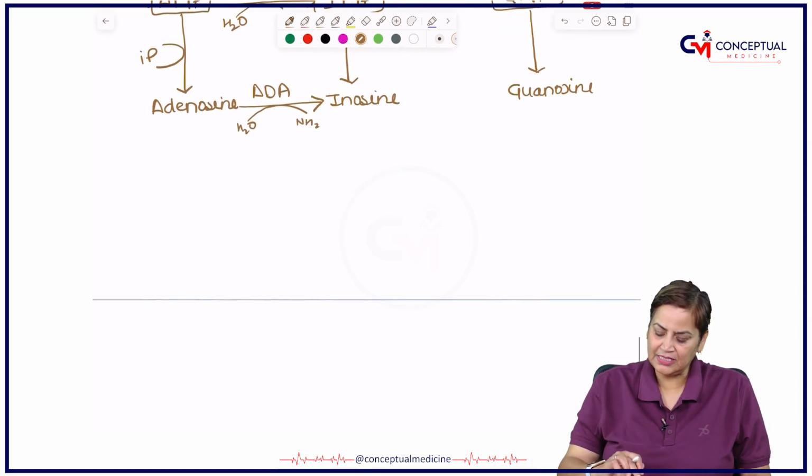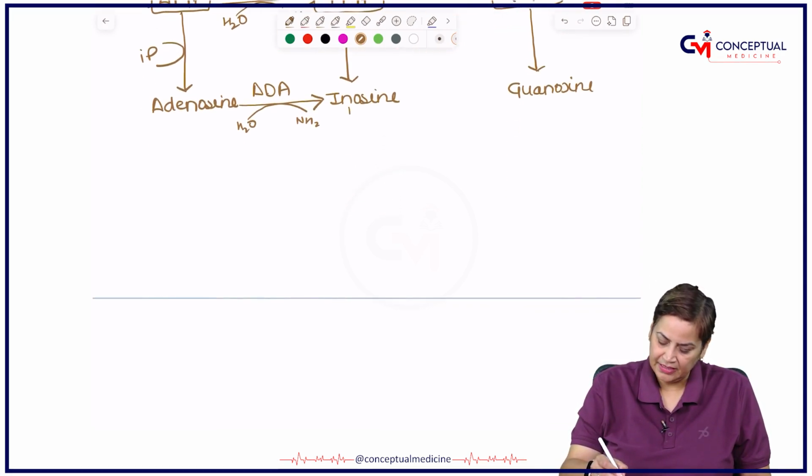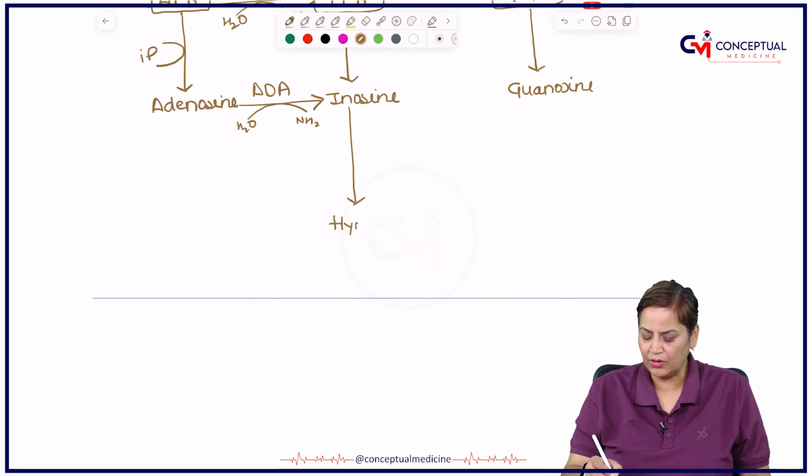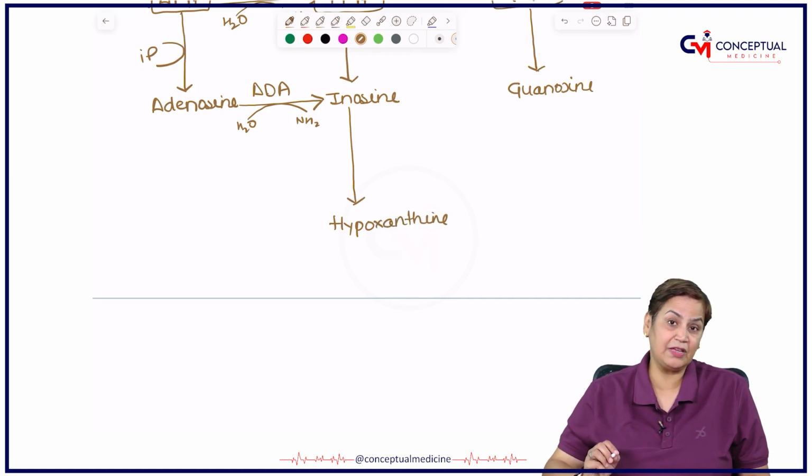Now this inosine will be converted into hypoxanthine. Because if you remember the previous video, where I discussed that hypoxanthine produces IMP in the presence of the HGPRT enzyme, the same is the case here.